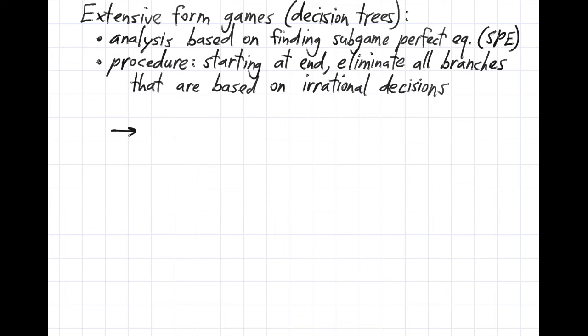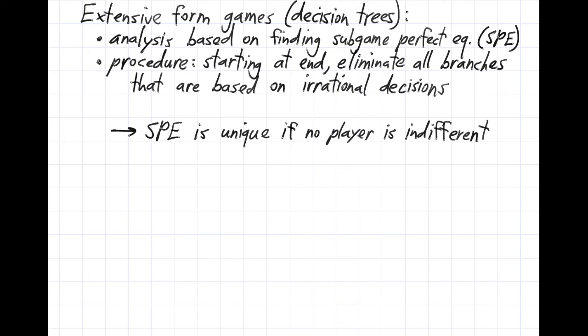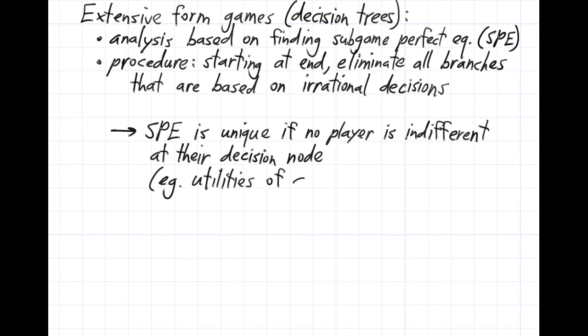So it turns out that the SPE, the subgame perfect equilibria, is unique, meaning that there's only one of them if no player is indifferent at their decision node. And for example, that can occur if the utilities of all outcomes for each player are different.